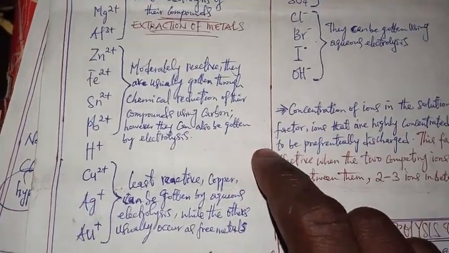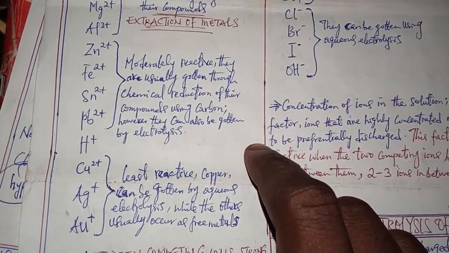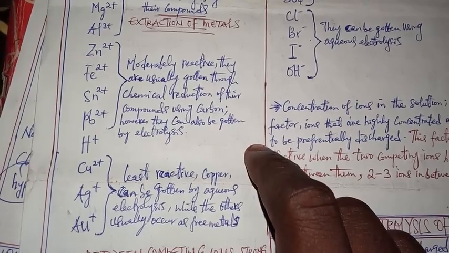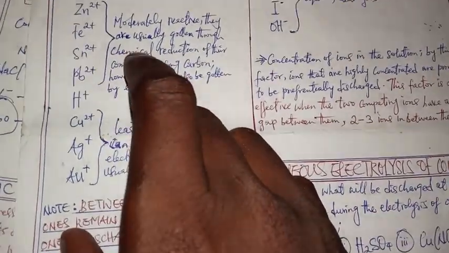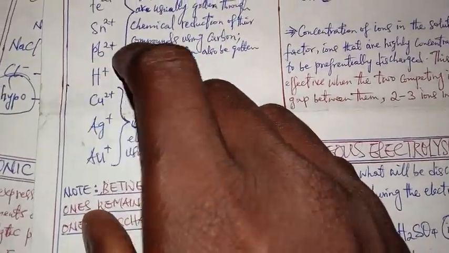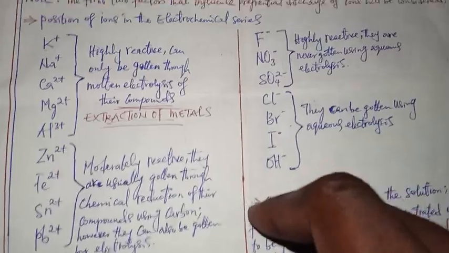As I said, with respect to position of ions in the electrochemical series, if we are having two competing cations in this aqueous electrolysis we are treating, hydrogen is always present because it is coming from water.